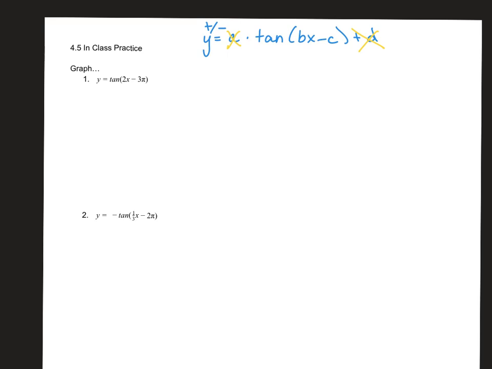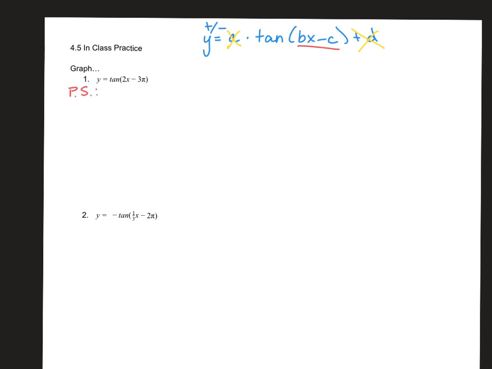Typically, we would start with either the midline or the amplitude, but like I said, those are not changing for tangent curves. So I would take the inside of the tangent here and set that equal to 0 in order to find our phase shift.